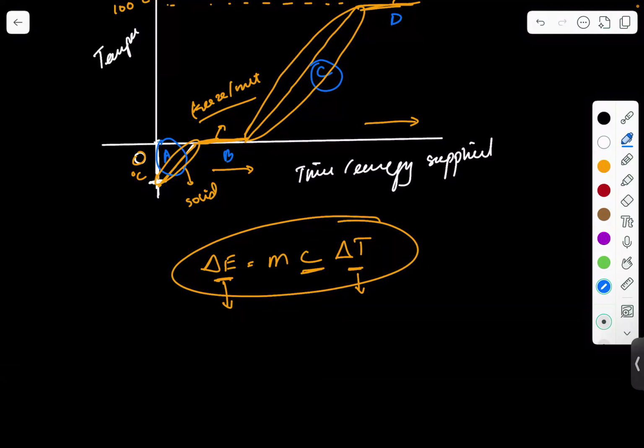Why is that important? Strong IMFA between molecules. What is IMFA? I may be too old for this.